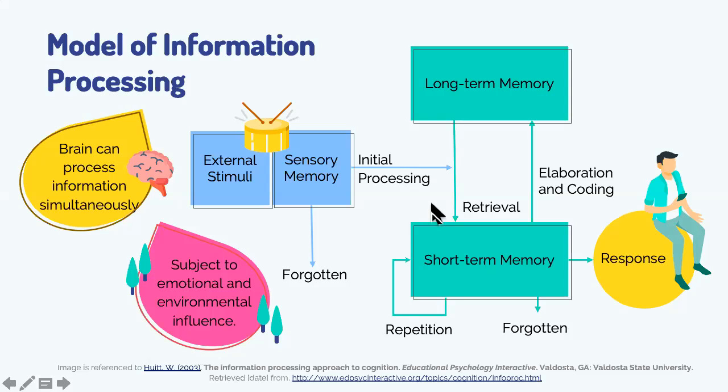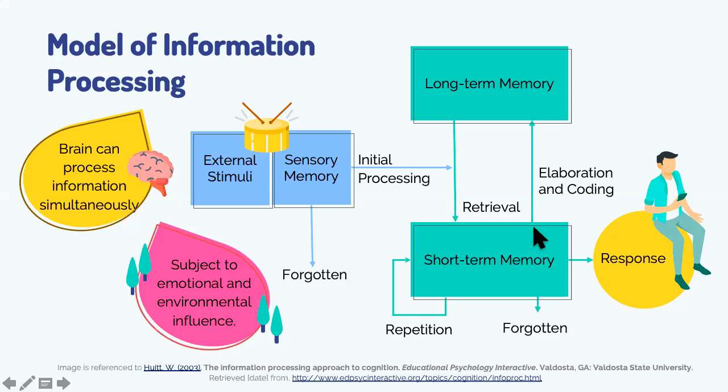At the same time, the brain is also conducting retrieval activities from the other side of the brain, which is the long-term memory, and it retrieves information from the long-term memory to integrate with the short-term memory that they have.